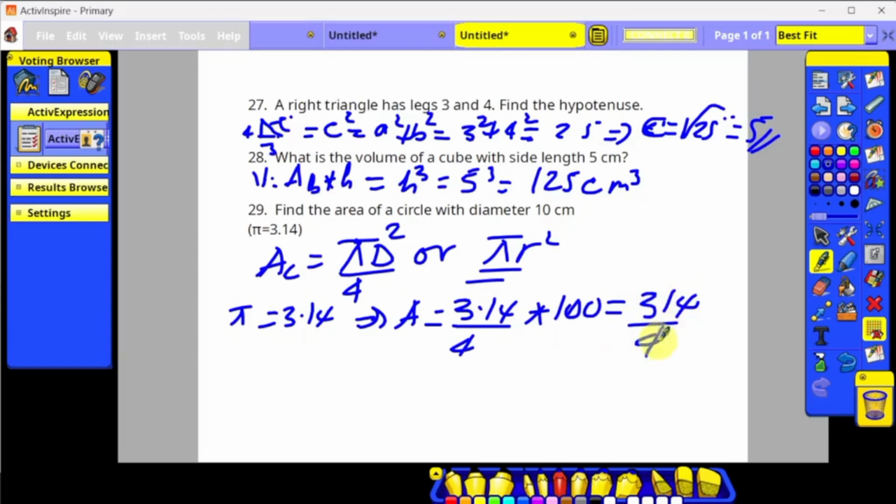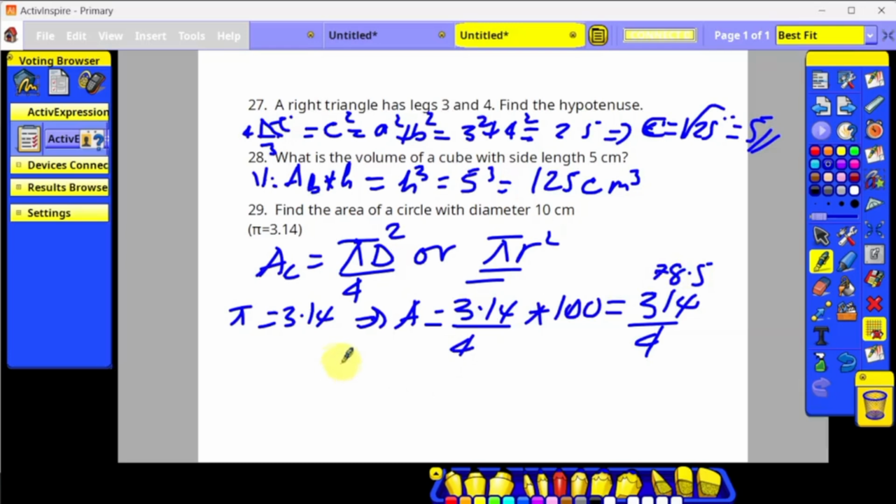Dividing by 4: 31 by 4 is 7 times, with 3 left. 34 by 4 is 8 times, with 2 left. 20 by 4 is 5, so 0.5.